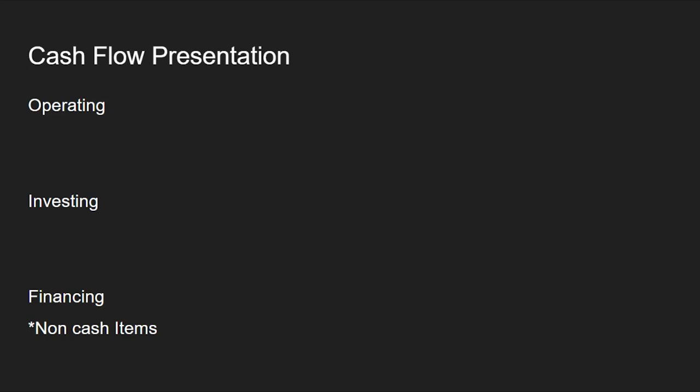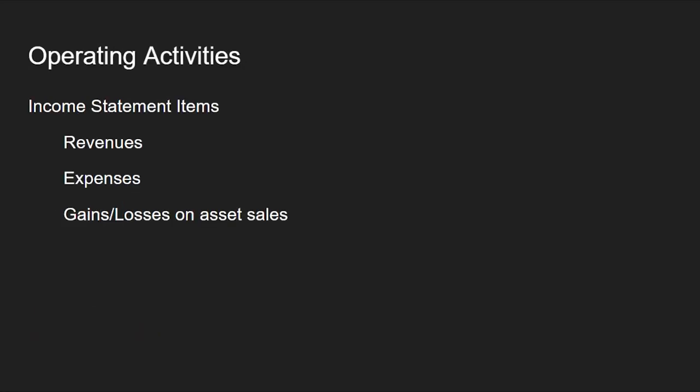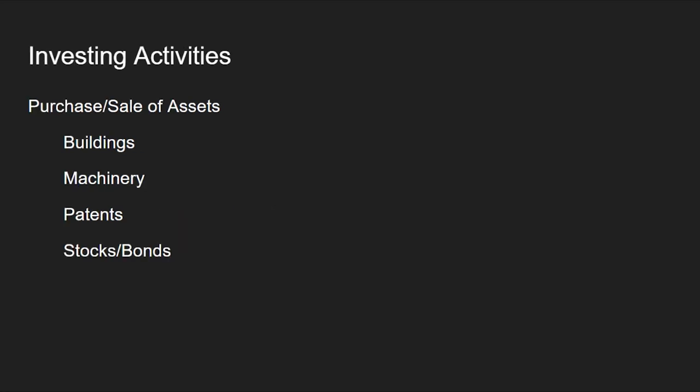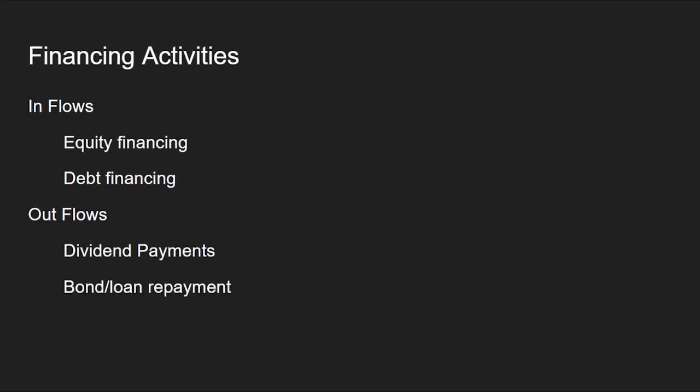Okay, so the statement of cash flows is broken down into three main parts, and sometimes you'll have non-cash items. The first is operating. These are the income statement items like revenues, expenses, and gains and losses from sales of assets. Next is investing activities. Some examples are purchases and sales of buildings, machinery, patents, and securities like stocks and bonds. Last is financing activities.